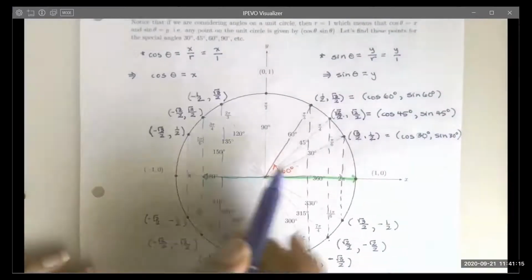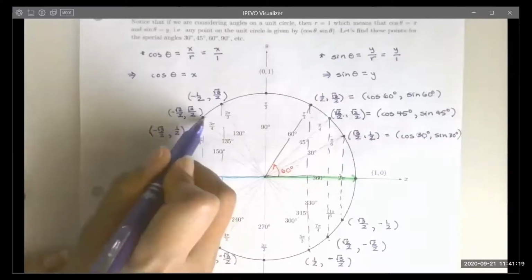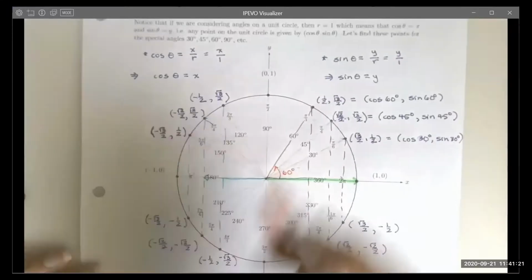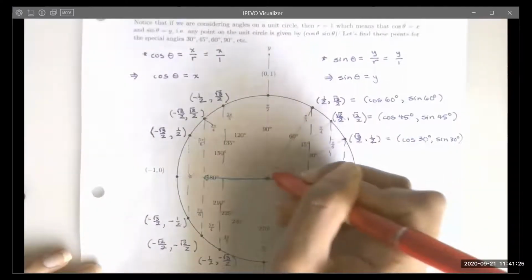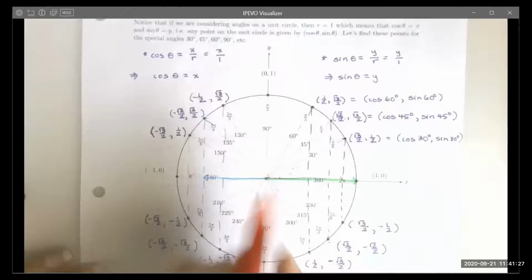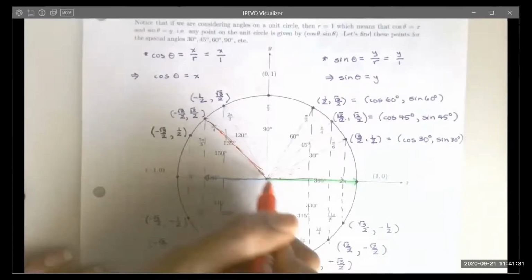Just so we can see what I was talking about regarding the reference angle on here, for 135, okay, this is the terminal side. Okay, that's the terminal side.